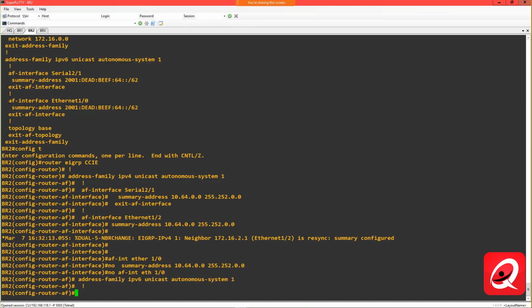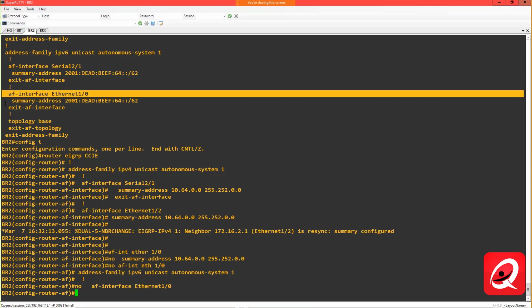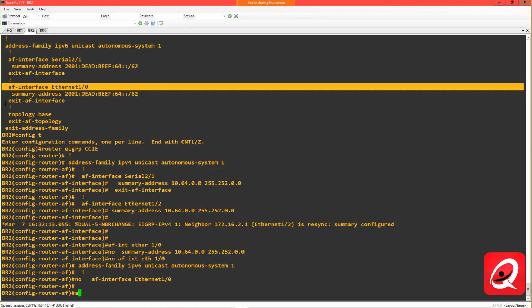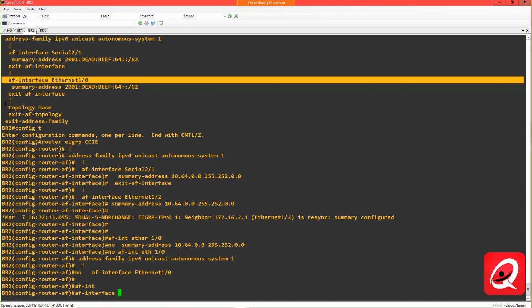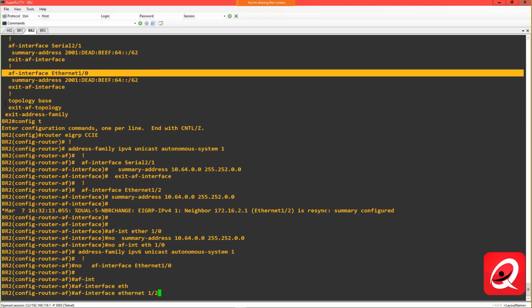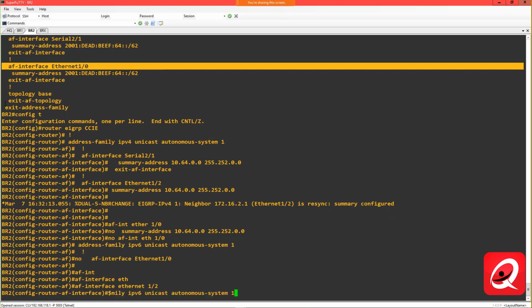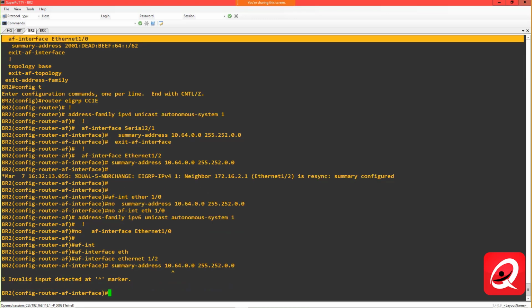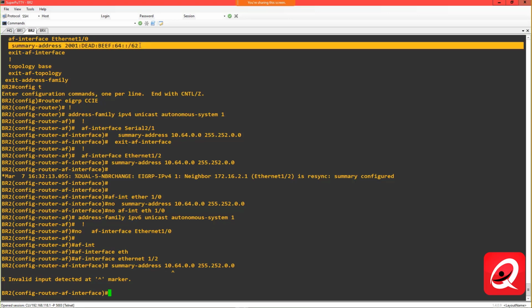I don't know if I can just remove it. Yeah, maybe. We'll see. And we'll do our summary on this interface as well. Oh, IPv6. I'll just copy it from here.